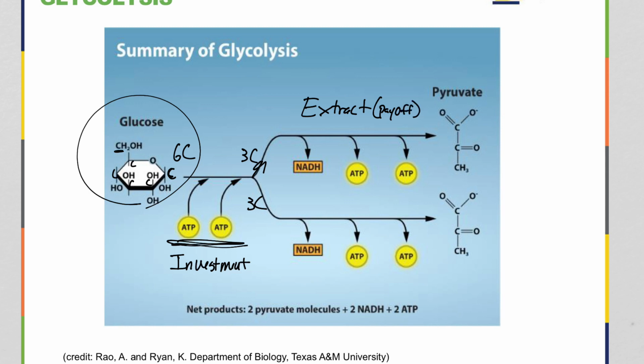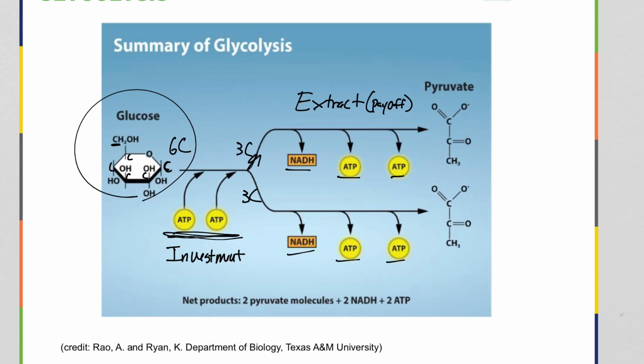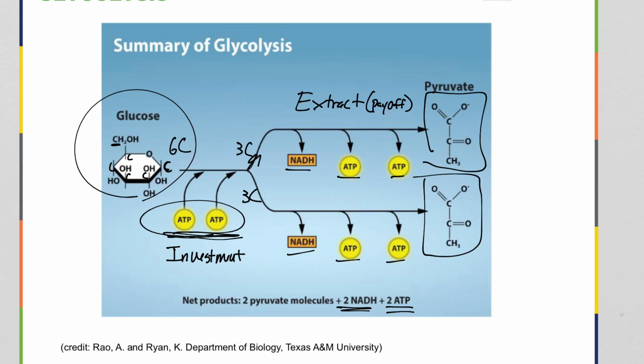This is getting your energy back out. We get 2 NADH, and we get 4 ATP, right? That gives us our net reaction, right? Put 2 ATP in, get 4 back, so we've got a net of 2 gained there, and we have a gain of 2 NADH.